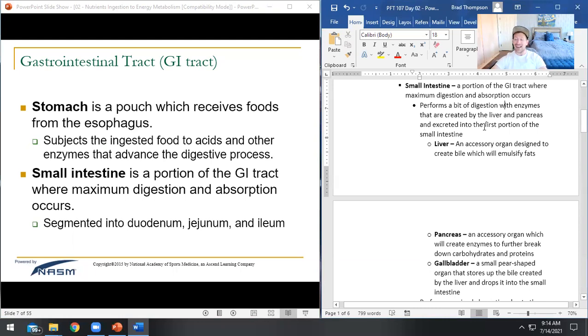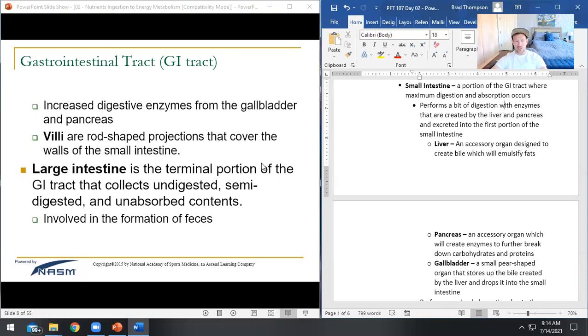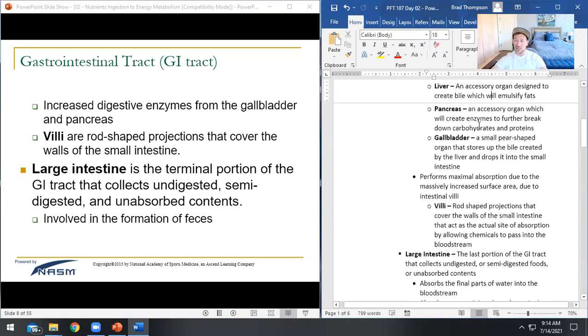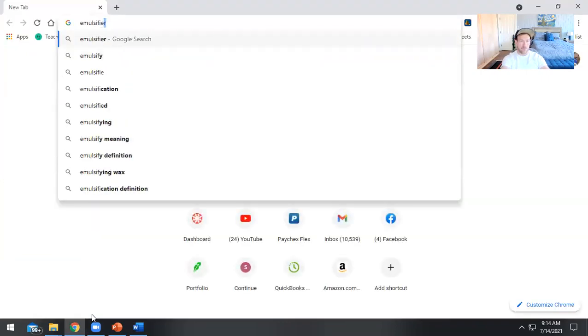and your liver is creating bile, which is this material that emulsifies fat. So you're going to see some digestive enzymes in there. Those are coming from, like I said, your liver. Your liver is an accessory organ that creates bile. Bile's job is to emulsify fats, right?